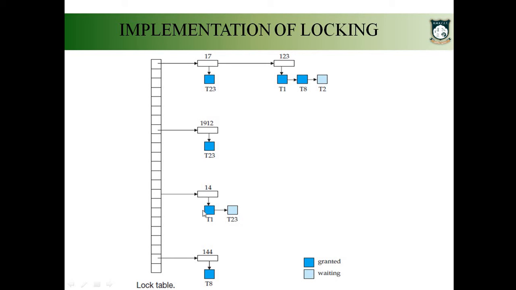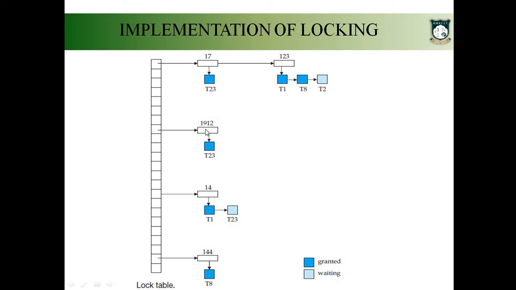Now, say for example, a transaction called T23 is requesting to lock the data item 1912. The data item 1912 will be applied to the hash function, and the hash function will give an address. That address will be this address.